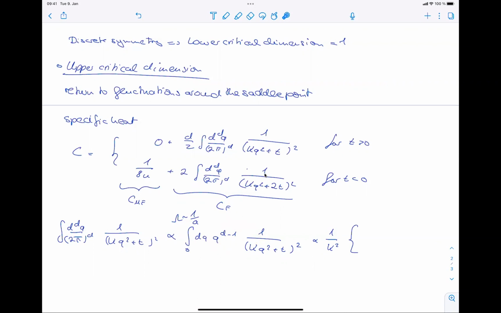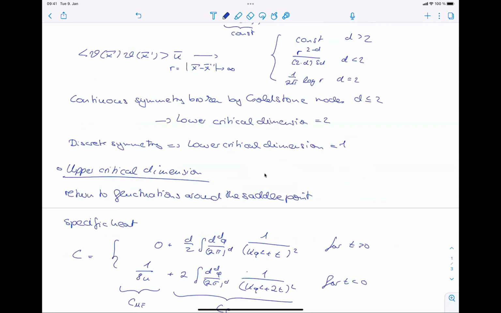And if we're at the boundary of the Brillouin zone, then the value of the integral is dominated by this boundary. So we arrive at a to the 4 minus d for d larger than 4, which is where this boundary is dominating, and similarly in the opposite limit we find this integral to be dominated by the other end.